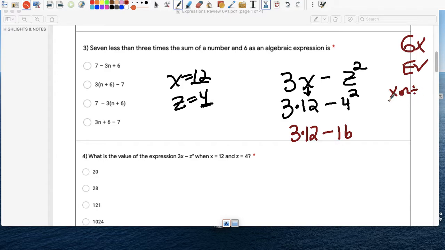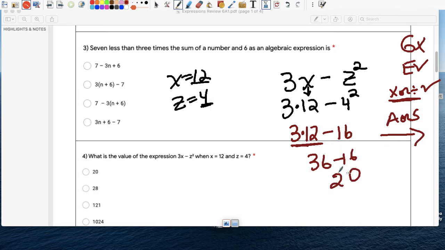Yeah, we see one right here. 3 times 12 is 36. Are there any more multiplication or division? No, so we're finished. And lastly, addition or subtraction from left to right. And 36 minus 16 is 20. And here's our answer.